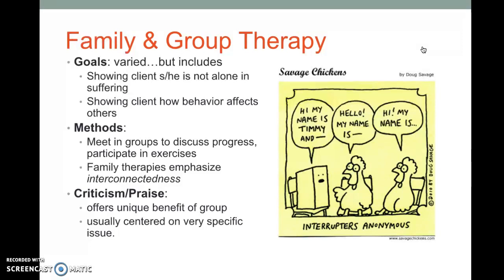So while the focus on that issue can be helpful because it helps people address the topic that they want support on, it also might not be enough, I guess, for someone who's got a wide range of issues. So they may have a substance use issue, a mental health issue, is struggling with a relationship problem. A single group setting probably may not be able to address all of those things.